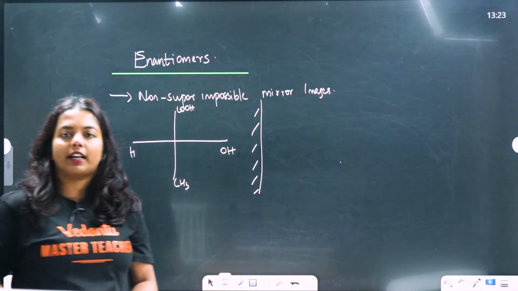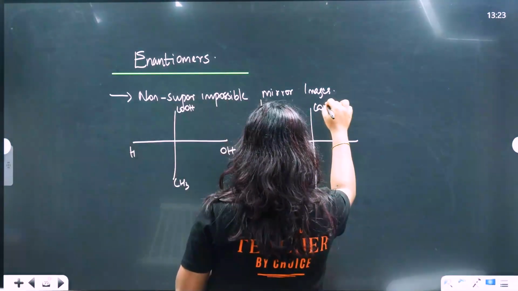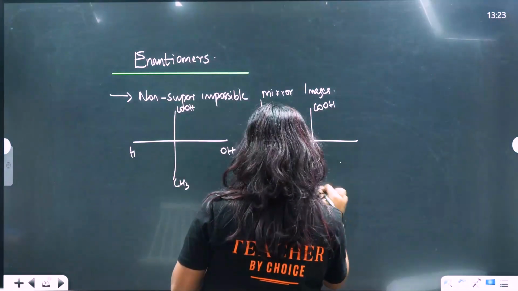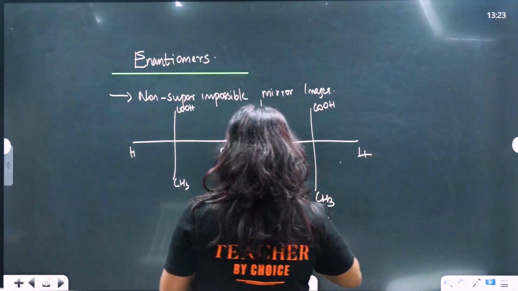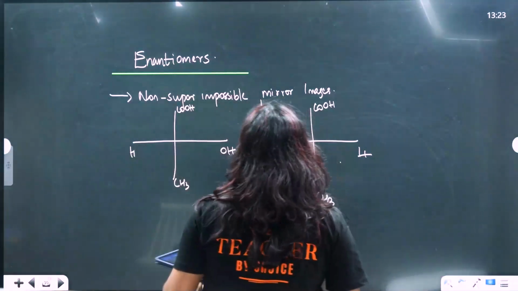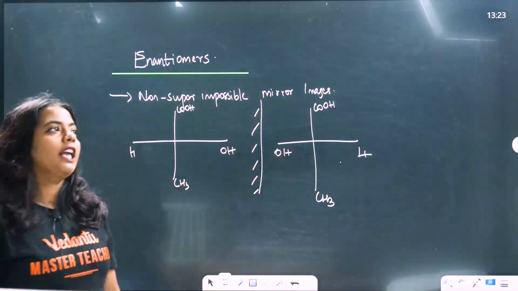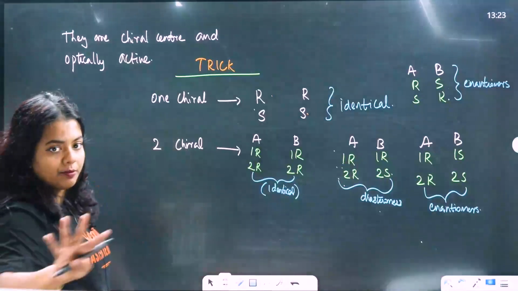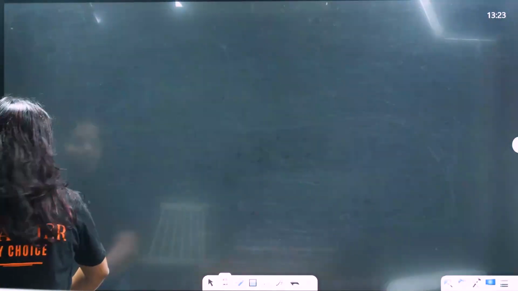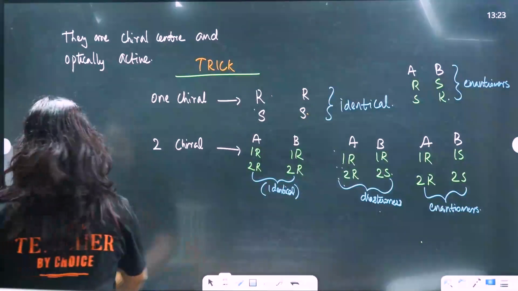This is what is called enantiomer. Whatever is needed for your exam only, I'm telling you. This is not the one. Just a second. Before this, I'm giving you an example.